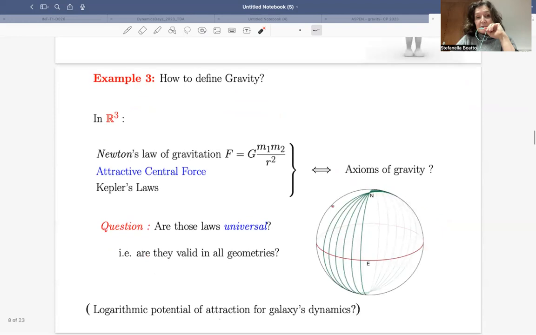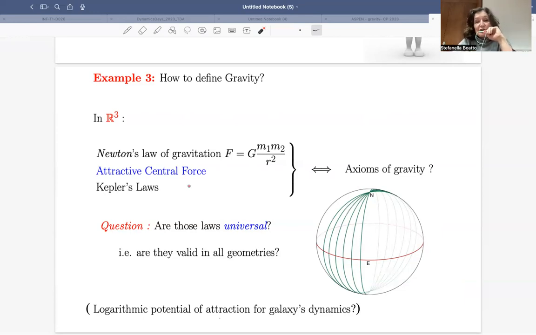We're familiar with gravity in our Euclidean three-dimensional world, and we have Newton's law of gravity: the forces are inversely proportional to the square of the distance, and those are attractive central forces, meaning they don't have a rotational component.